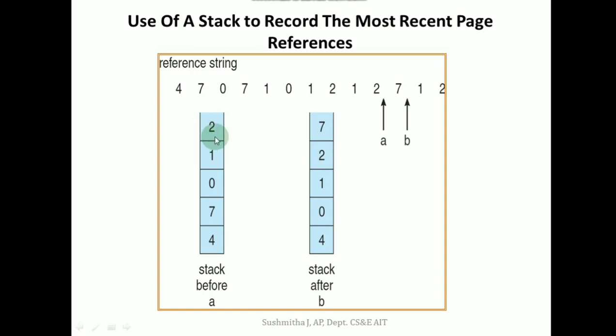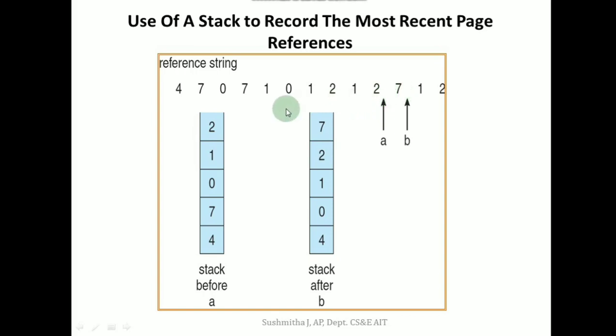So what happens if the head is assigned to be the top of the stack? Every time the recently used page will be at the head, and if the tail is assigned to the bottom of the stack, the tail will have the least recently used. So the page that can be replaced will be at the tail pointer, and the page that is recently used will be at the head. Now we can see a small illustration here of pages 2 and 7.